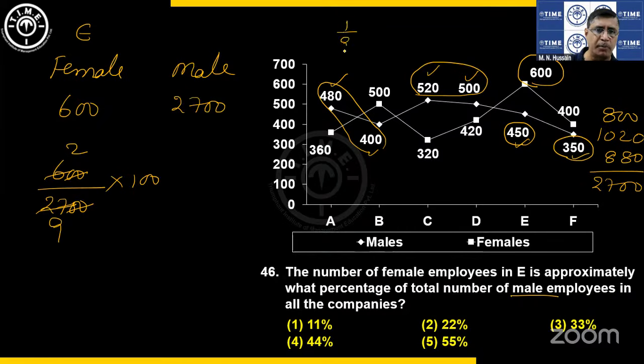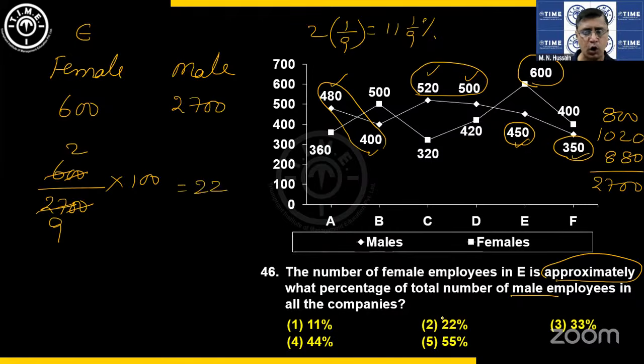What is the value of 1 by 9? 1 by 9 is equal to 11.11%. Approximately to be found here. So 2 by 9 means 2 times 11, that is 22. So what is the result? 22.22 or 22 2 by 9%. Approximately, here the option 2, which is showing 22%. So the answer for this question is option 2, second choice.